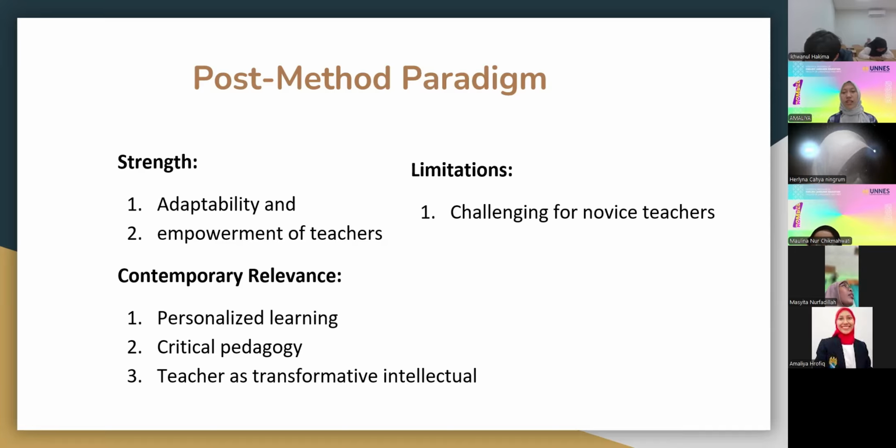Here, the teacher's role is as the transformer. I mean, not the transformer in the movie, but to transfer knowledge to the student. But besides being a transformative intellectual, they need to facilitate the student to enhance more ability in the English learning process.